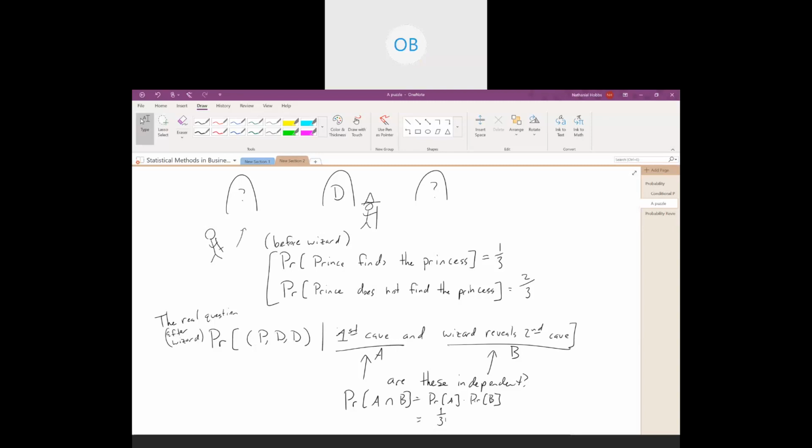There's some cases where the wizard can reveal the first cave, some cases where he could reveal the second cave, some cases where he could reveal the third cave. So this is also 1/3. Does it make sense why it's 1/3?